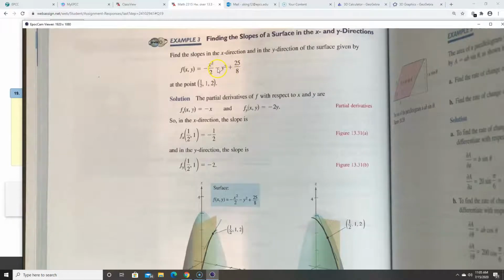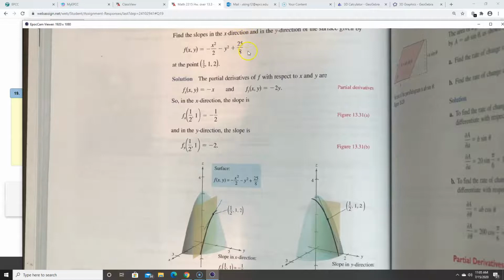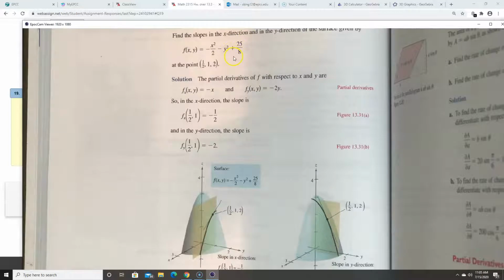Because it's all by itself, not multiplied right here next to the x squared or something, when you differentiate partially with respect to x, you treat it as a frozen value of y, like a constant. And then the derivative of that constant by itself will be 0, just like the derivative of this constant will be 0. Therefore, the partial derivative with respect to the x direction of this one, the derivative of this term will go to 0, the derivative of this term will go to 0.